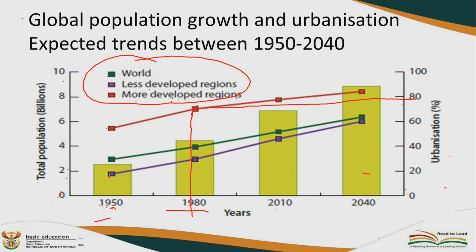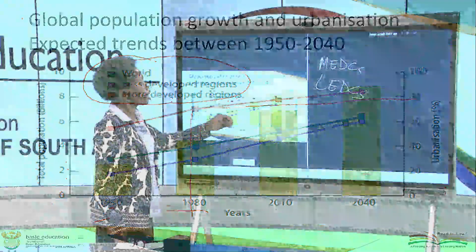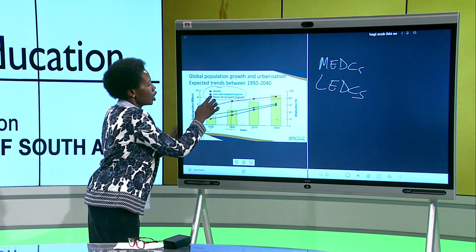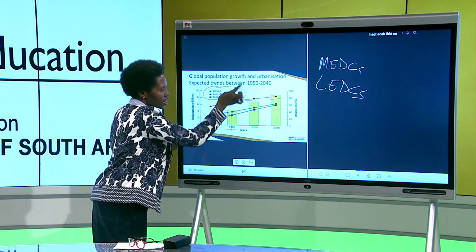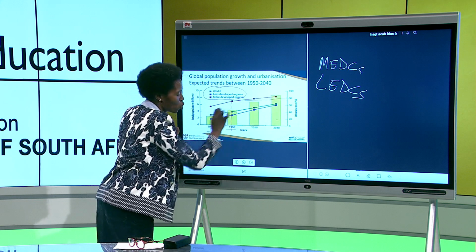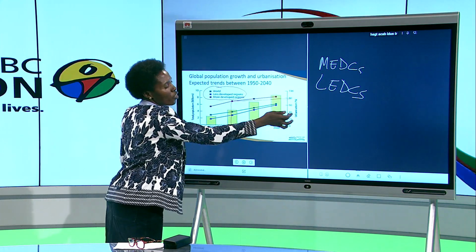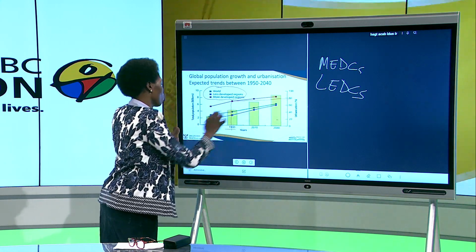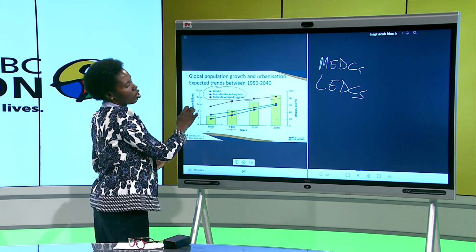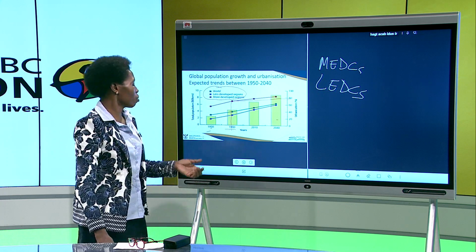So what I'm showing you is that when you are interpreting a graph, you need to take note of certain things, that you use the key symbols. These key symbols are giving you, in reality, what is happening in the whole world in terms of urbanization in percentage and total population. Okay, we can move on to the next slide.